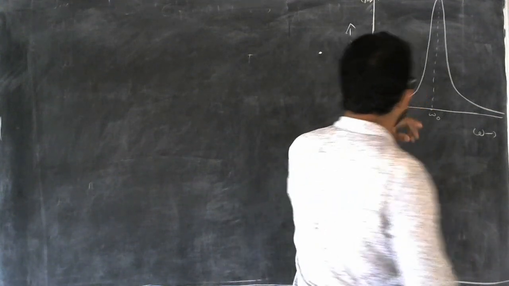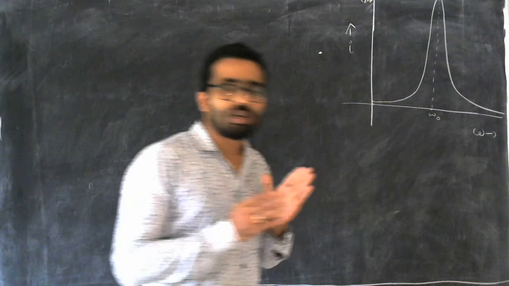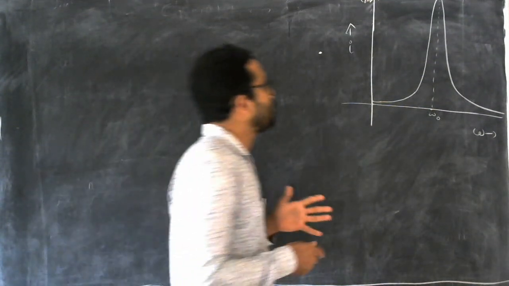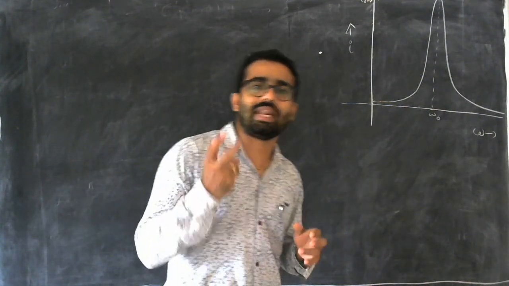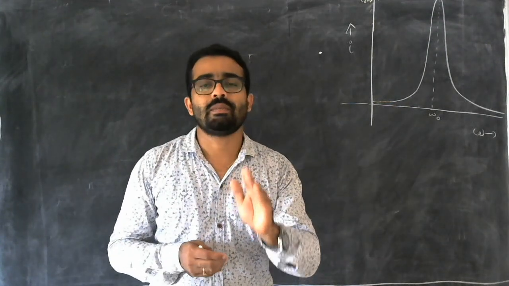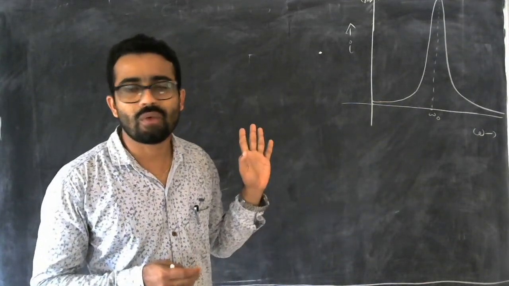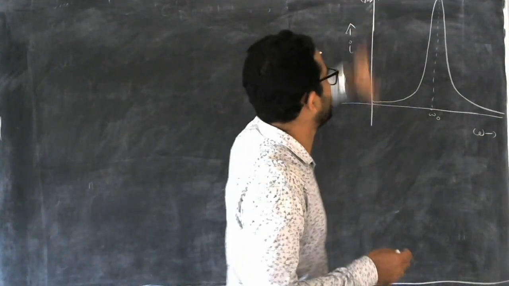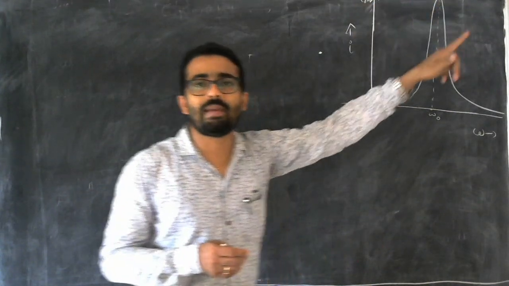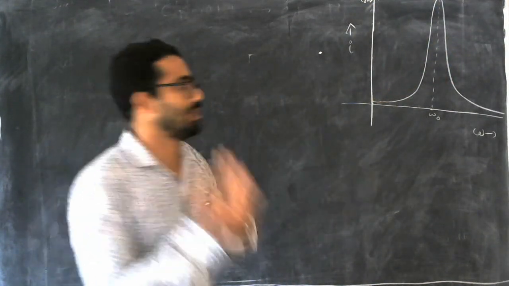Then how do we take a range of frequencies? We need one value of current, which is the maximum value of current multiplied by 1 by root 2. What is our maximum value of current? That is Im. That should be multiplied by 1 by root 2, and we should take that value.